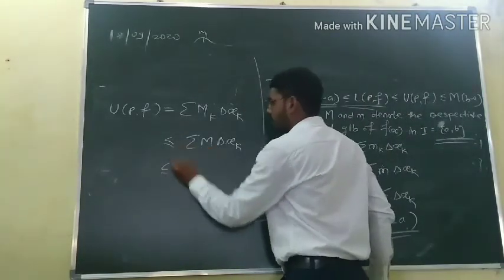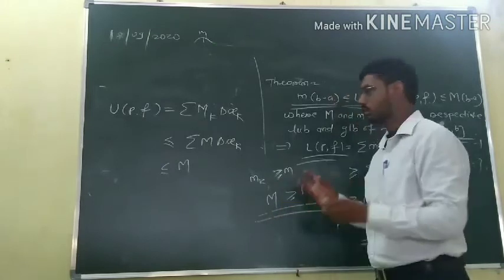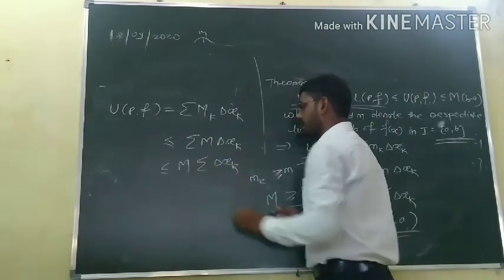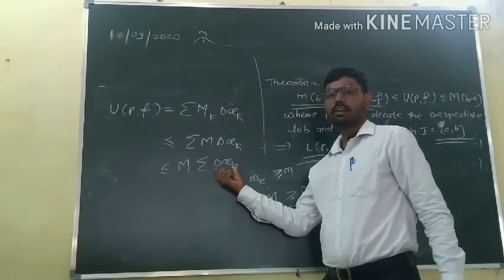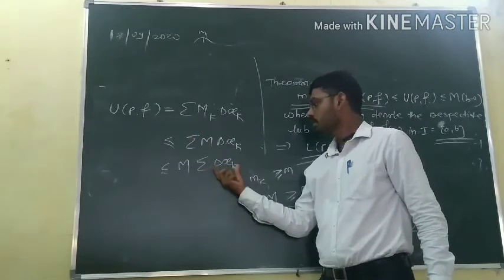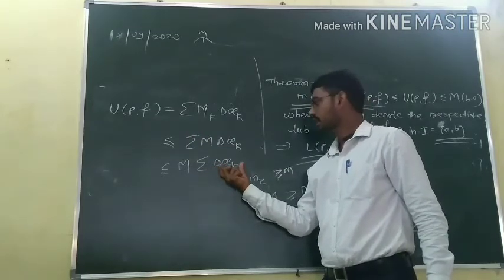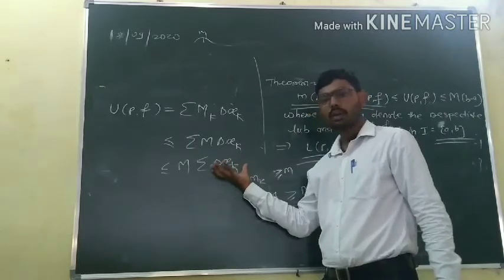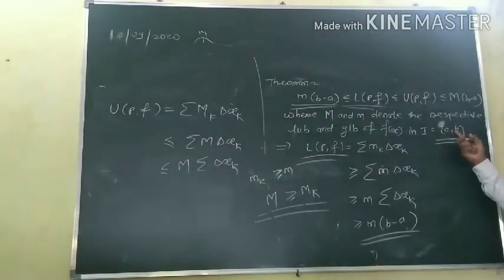Take M, which is the maximum value, some constant number, into sum delta x. So summation delta x is nothing but the sum of the lengths of the subintervals, and this summation is over all subintervals. So it is nothing but the length of the whole interval, which is b minus a.